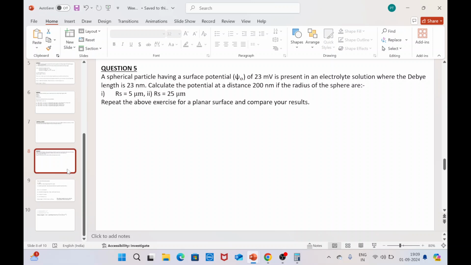They are saying a spherical particle having a surface potential psi naught of 23 millivolt is present in an electrolyte solution where the Debye length is 23 nanometers. Calculate the potential at a distance of 200 nanometers if the radius of the sphere is 5 micrometers and 25 micrometers.